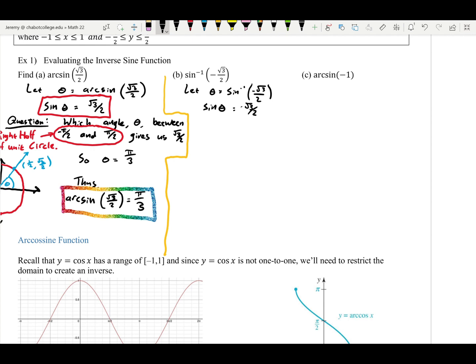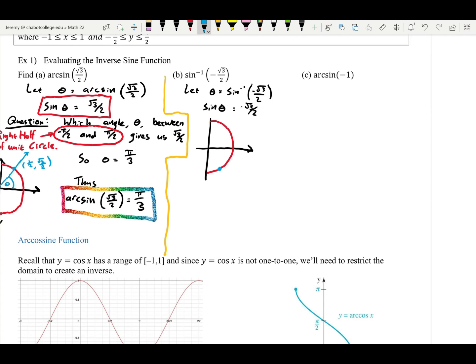And I'm going to do the same thing, same strategy. Let's look at the right half of the unit circle. I'll draw it in here. And I'm thinking, okay, where do I have a y coordinate? Again, y coordinate because we're looking at sine here. Sine is always the y coordinate of the terminal point on the unit circle, negative root 3 over 2.